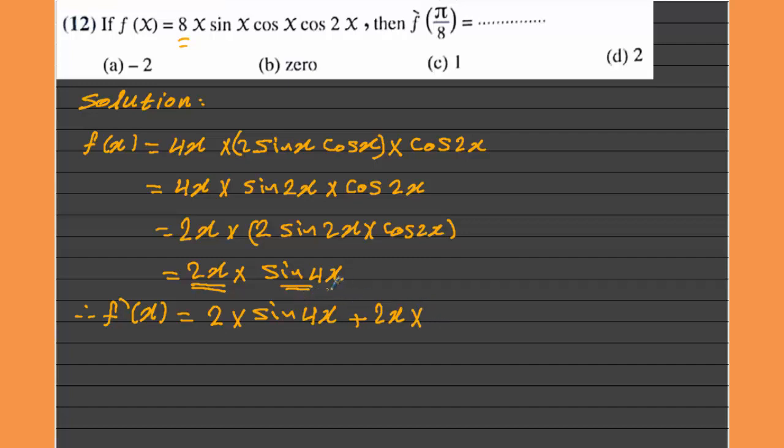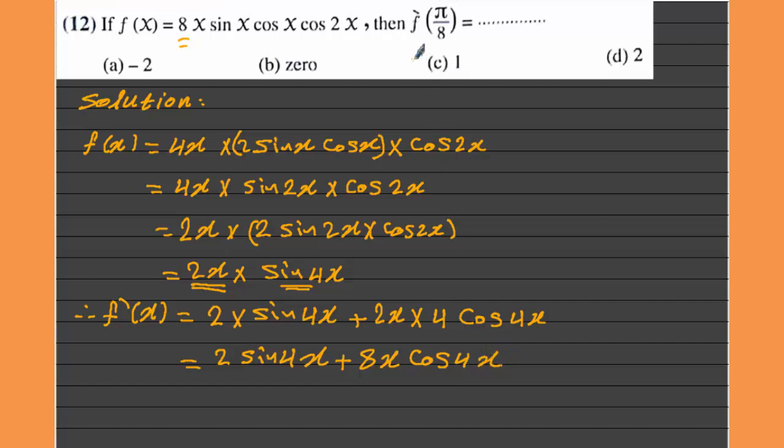First we write the derivative of the angle, the derivative of 4x is 4, so we have 4 cosine 4x, which equals 2 sine 4x plus 8x cosine 4x.